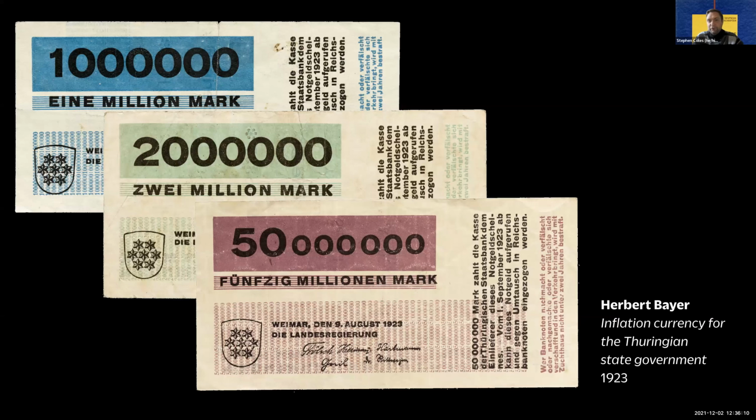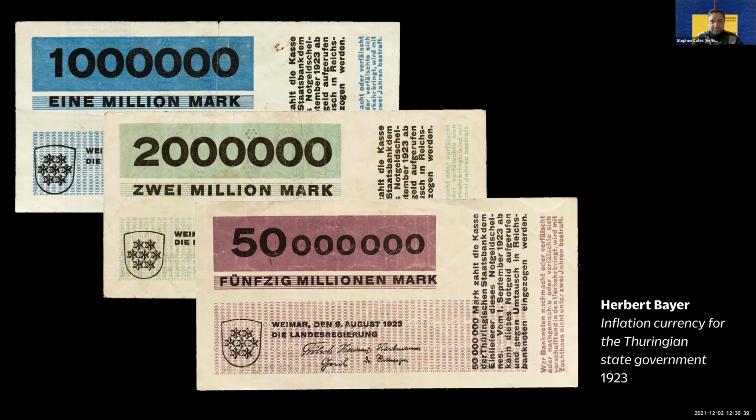And one of the most iconic uses of Breite Grotesque is this set of inflation currency by Herbert Bayer, one of the masters at the school in 1923. When he designed these, he was only 23 years old, still a student at the Bauhaus. And the state commissioned this Notgeld, or emergency money.